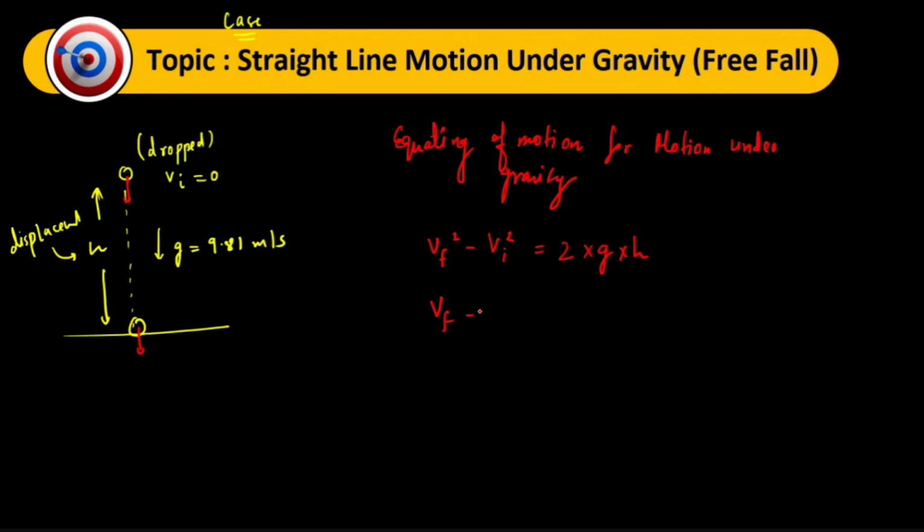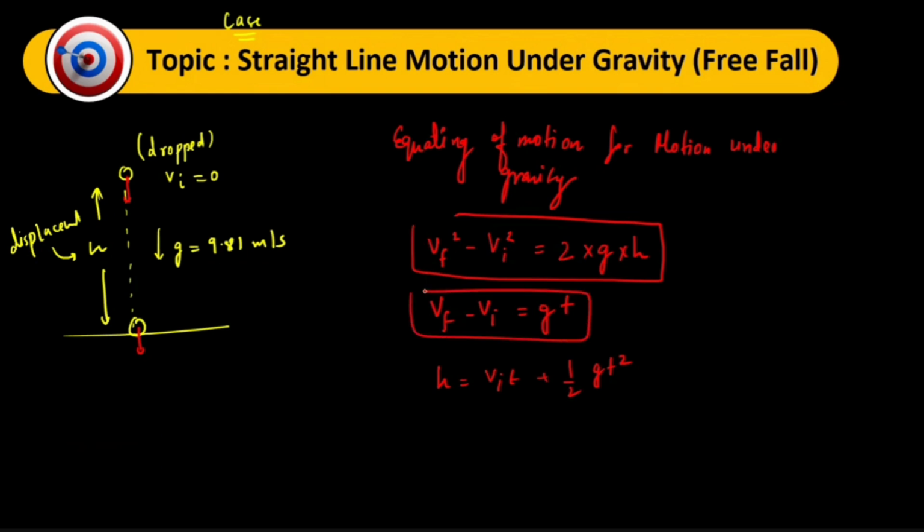Similarly, Vf minus Vi is going to be gt. Similarly, h is going to be Vi t plus half g t square. The three equations of motion which we have studied became this.